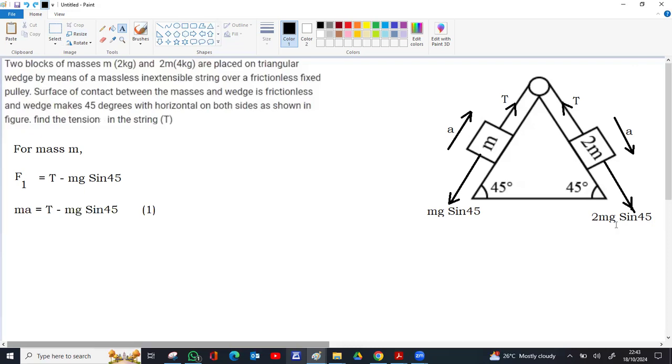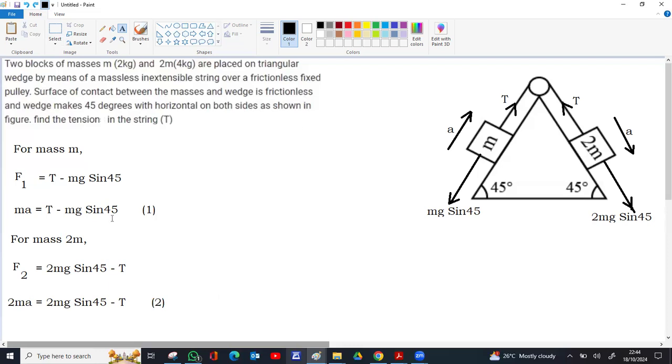So the net force will be the greater force 2 mg sin 45 minus the lesser force T. So F2 equals 2 mg sin 45 minus T. Here also the net force is mass into acceleration, so 2ma equals 2 mg sin 45 minus T. This is equation number 2. Here we don't count the frictional force because the surface is frictionless.